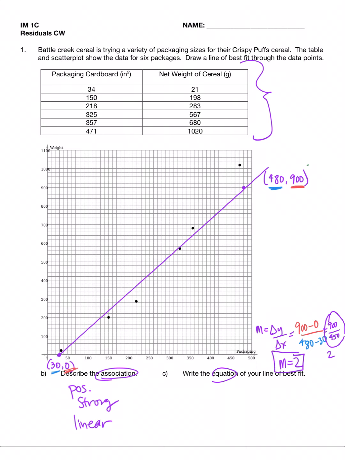Now a slope is not the whole equation, right? To write the equation, I'm going to use this formula. This is point slope form. You've seen this many, many times. I've got my m right here, and I'm going to actually use this ordered pair down here. It's just a little easier to plug in. So here we go.